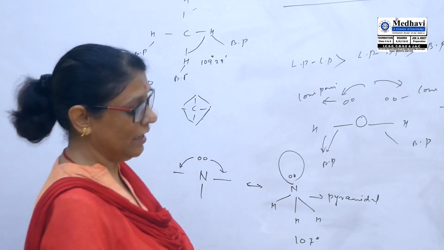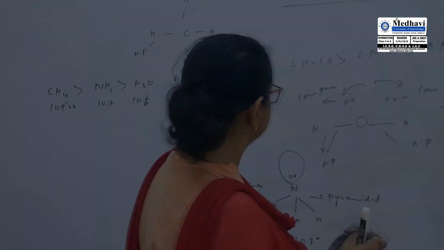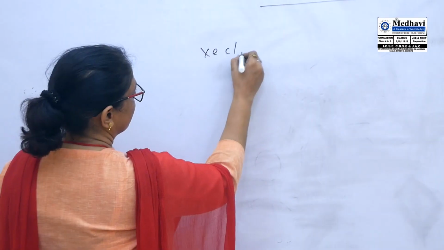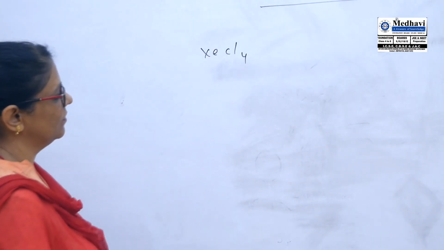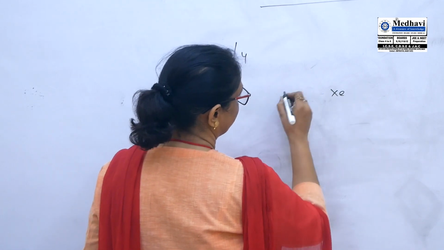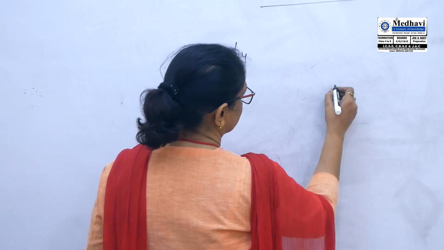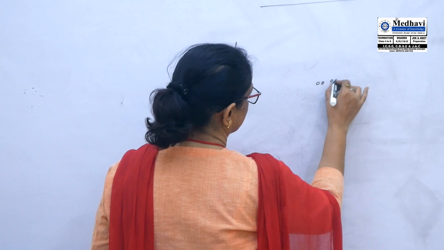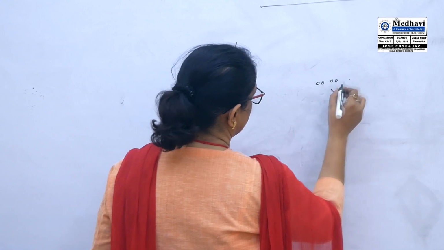One more example I want to take: XeF4. It has 8 valence electrons.